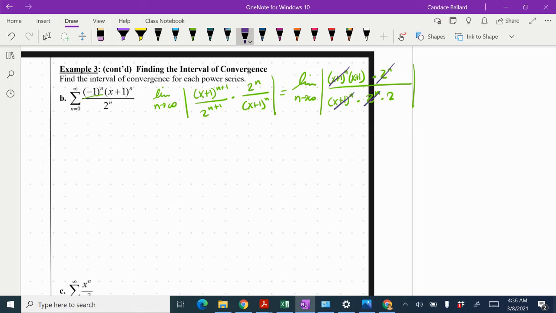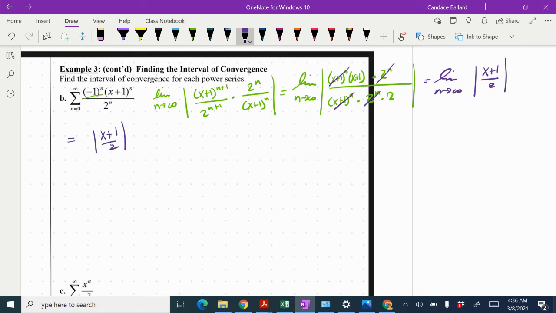And then I am left with the limit as n approaches infinity of the absolute value of x plus 1 over 2. You'll notice there's nowhere for me to plug in an n, so that's my limit. So my limit is equal to the absolute value of x plus 1 over 2.